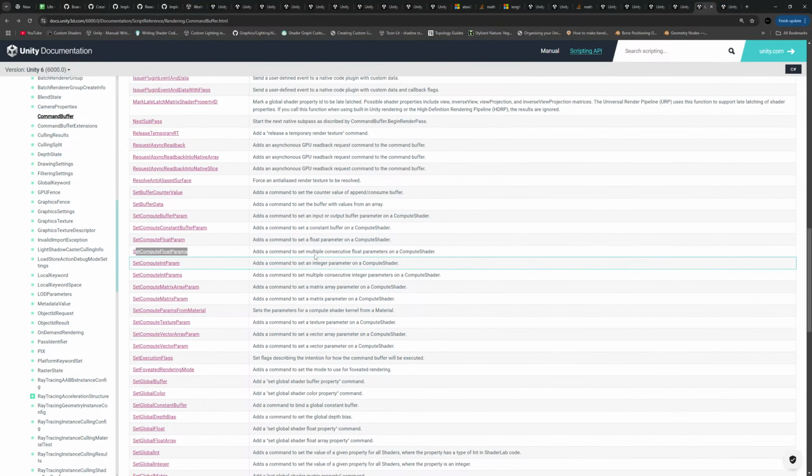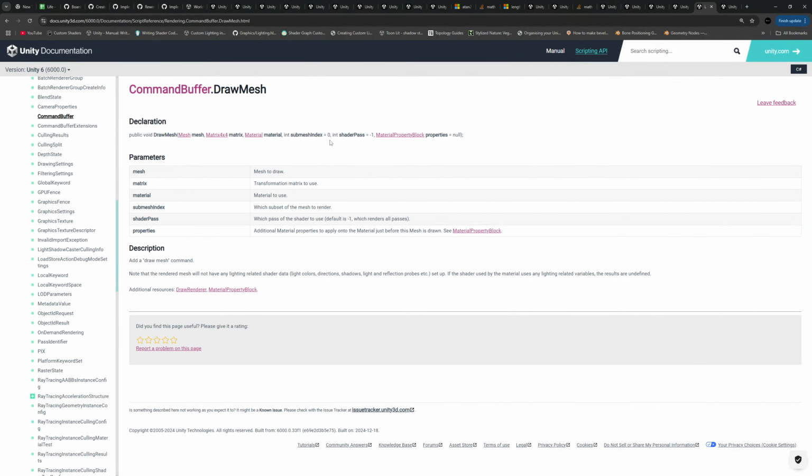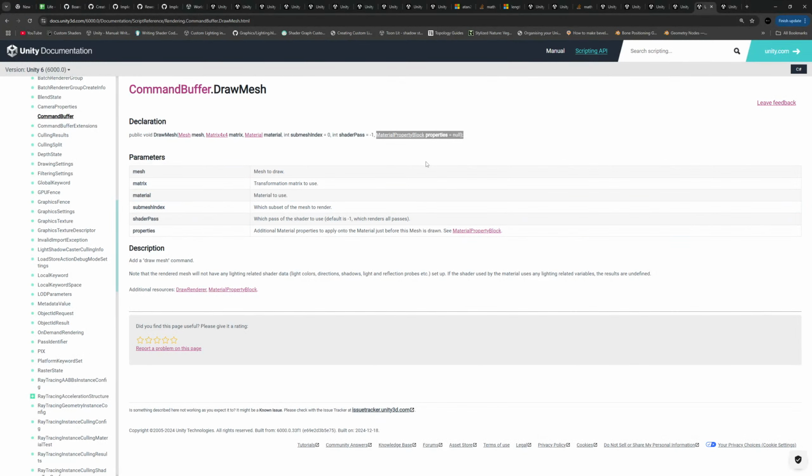If we were doing a draw mesh instead of draw renderer, we could just define the property block here. So in draw mesh, we just had the entity.activity properties as the last parameter or argument.